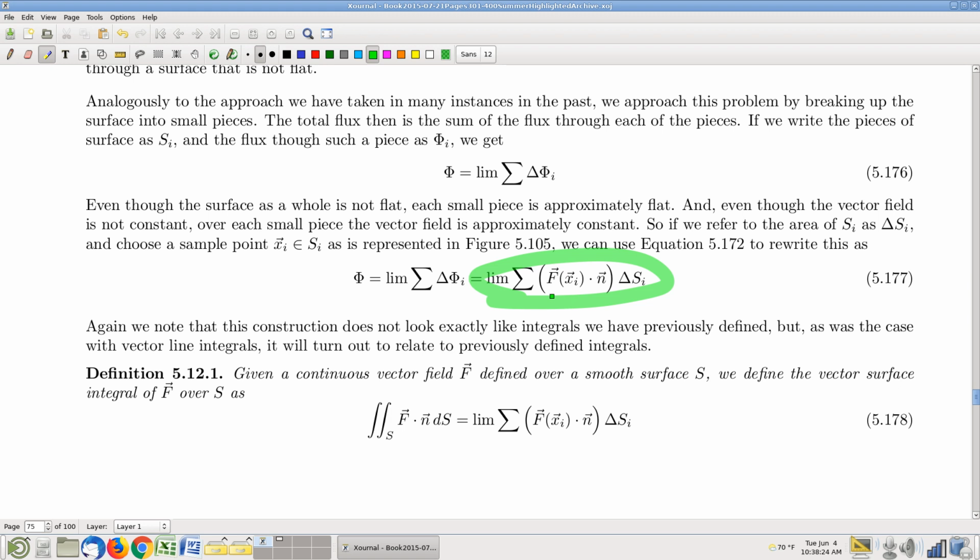You need to know whether your piece of surface is oriented per that normal vector, or if it's oriented differently, it's going to have a different normal vector. So this is a significantly different thing. That being the case, I'm going to give it a different notation. Here it is. This is a new kind of integral. This is our vector surface integral.